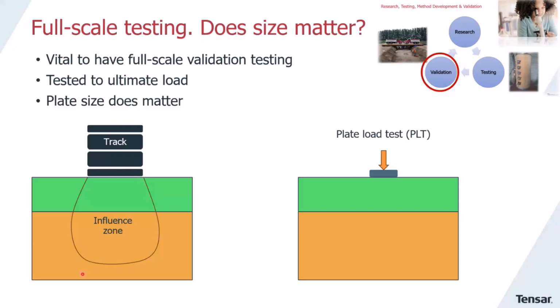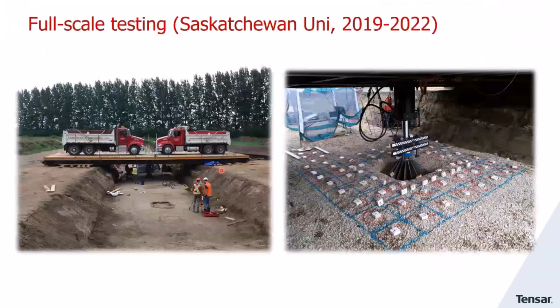That means that the influence zone of this force is much deeper than the platform itself. It is important to note that a plate load test with a limited diameter, let's say 30 centimeters, is not sufficient to validate the bearing capacity of the whole system. It will only be able to determine the stiffness and the strength of the granular layer itself. This is why full-scale testing with a large contact pressure is extremely important to validate any working platform.